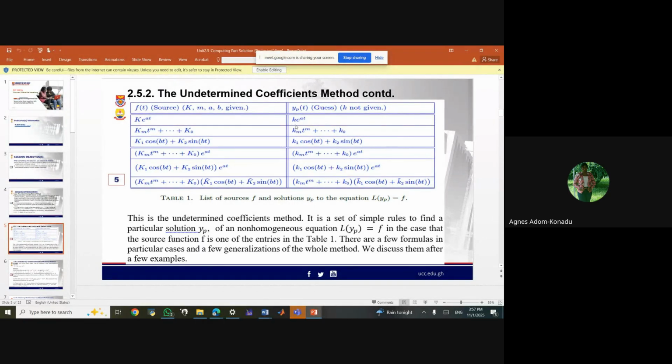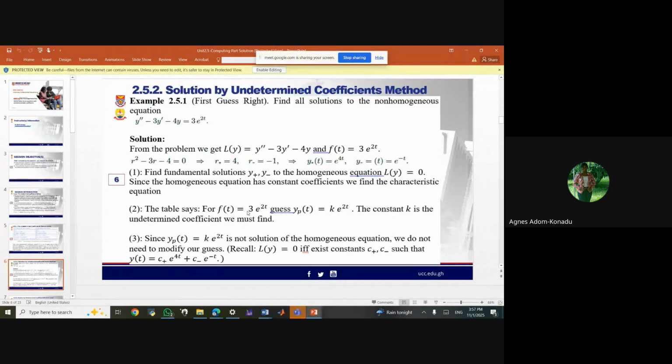Here it is 3e to the power 2t, so our guess will be ke to the power 2t. The constant k is the undetermined coefficient we must find.